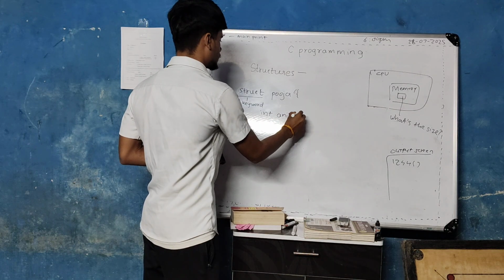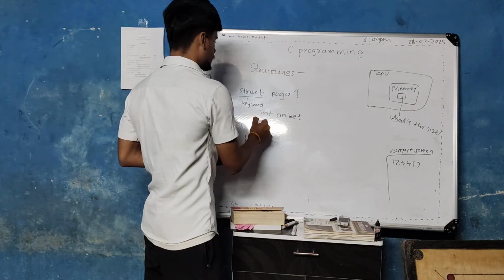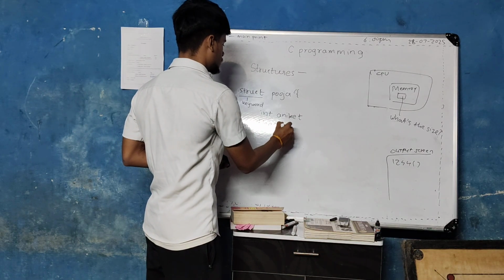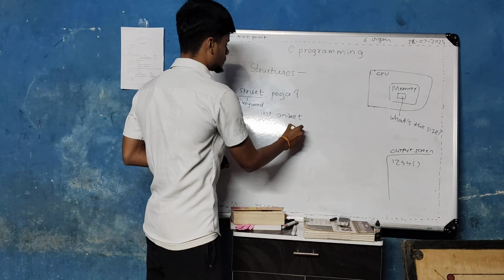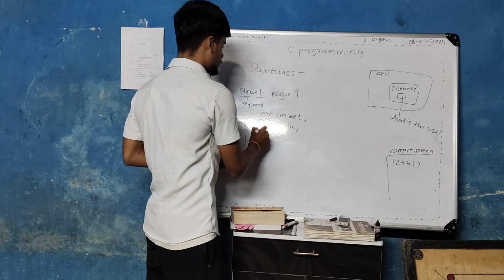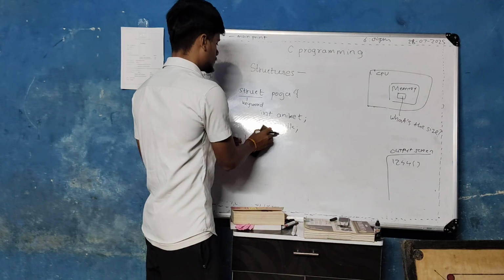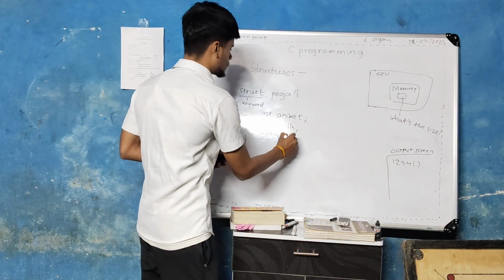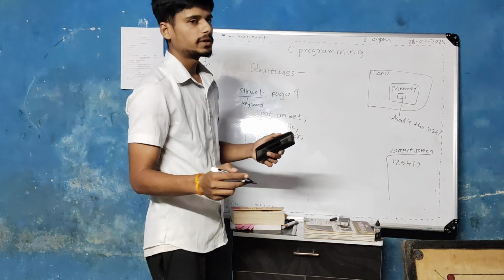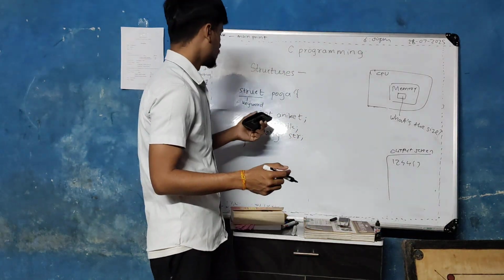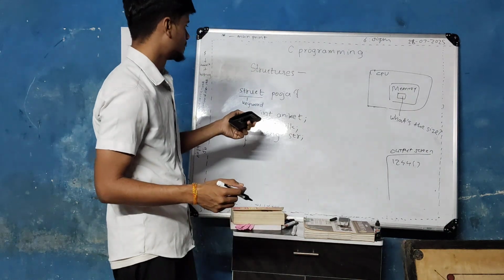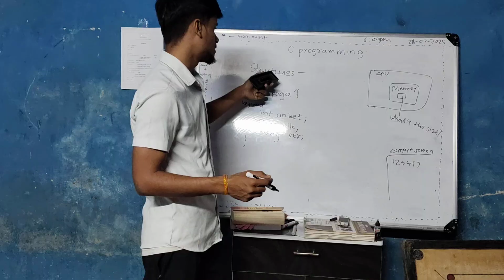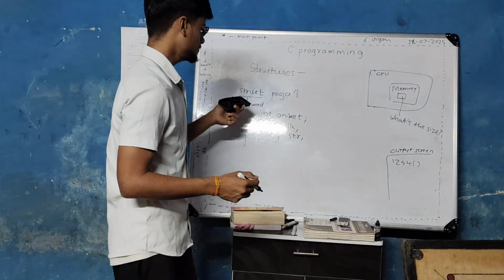We can define here float vik. Okay, like string. We can also define here string str. So multiple types of data types are defined here using the structure concept. Fine.